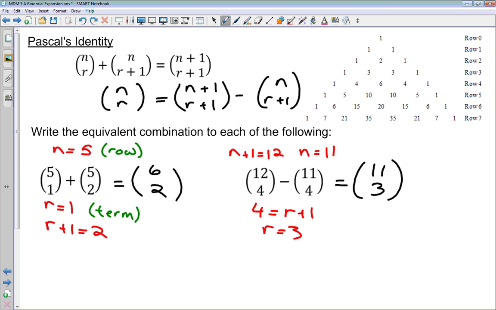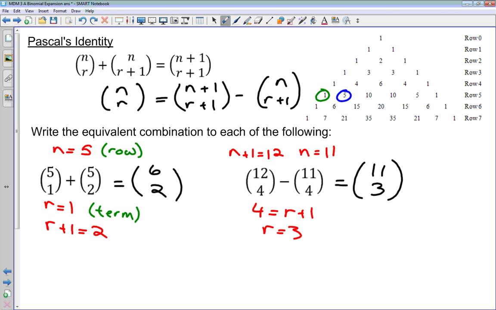So if n is 5 and r is 1, we are looking at the first term in the fifth row, which is a 1. If it's 5 choose 2, we are looking at the second term in the fifth row, which would be a 5 over here.